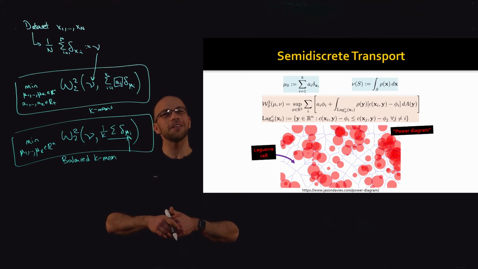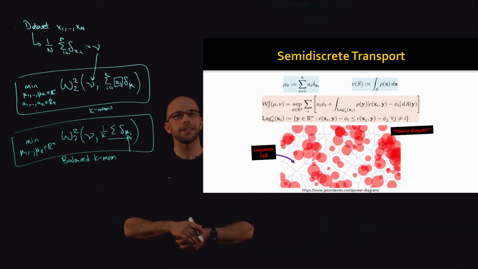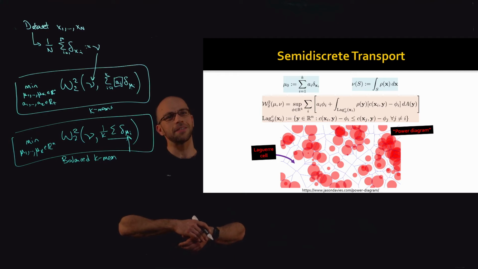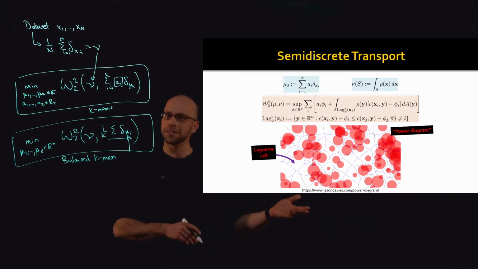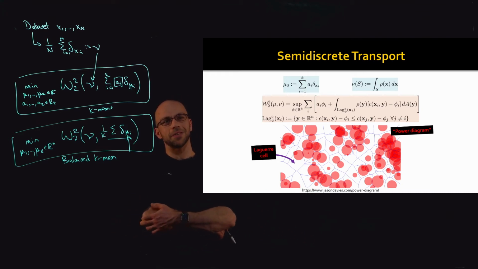Right, so the Laguerre diagram is just like the power diagram. It's just like the Voronoi diagram, but I can make the cells bigger or smaller. And the way that I do that is by biasing the distance function. So that's what these phi's do. Essentially, the point of a Laguerre cell is that it looks for all points which are closer to xi than to xj, just like before. But when I say closer, I get to subtract off this phi i from each distance function.